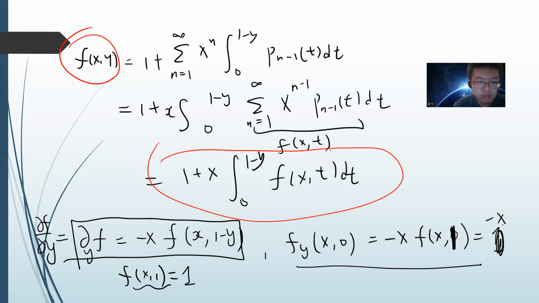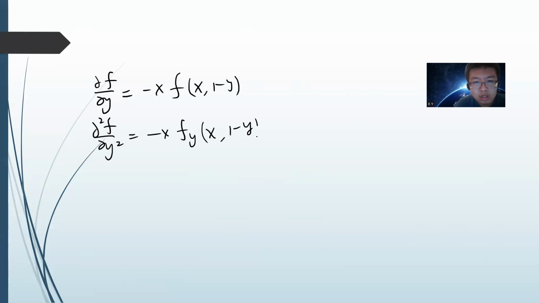So let's do the second derivative, since we need to solve this as a differential equation. Let's do this again. If you take the derivative in y again, you plug in 1 minus y, so this should be plus, and you get minus x squared f(x, 1 minus y).